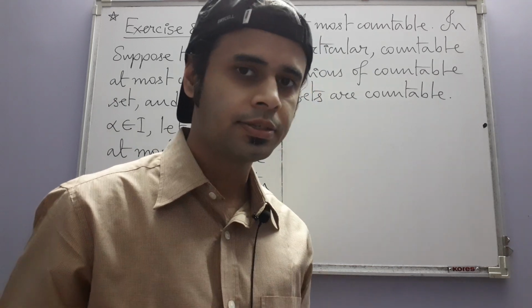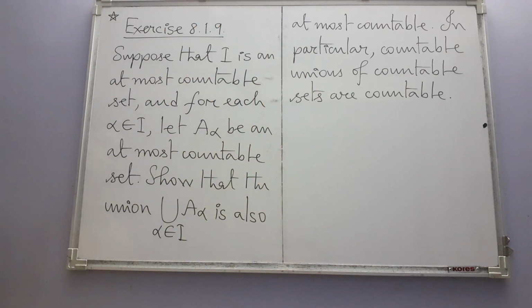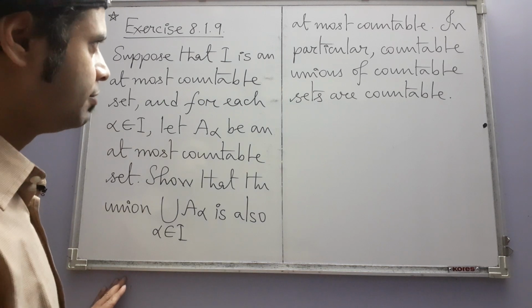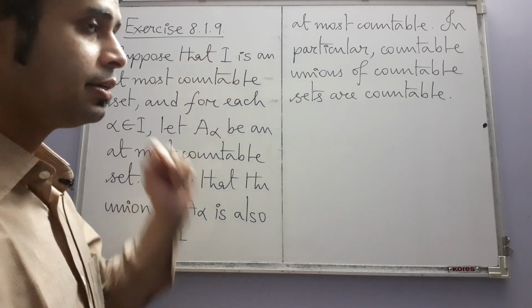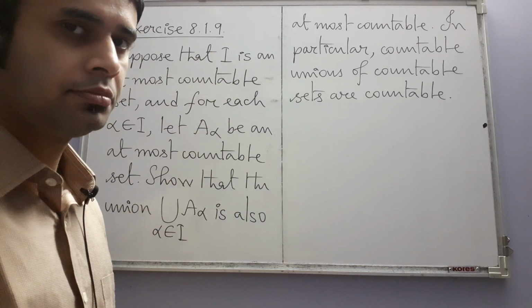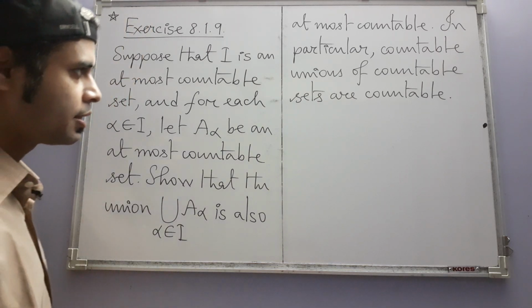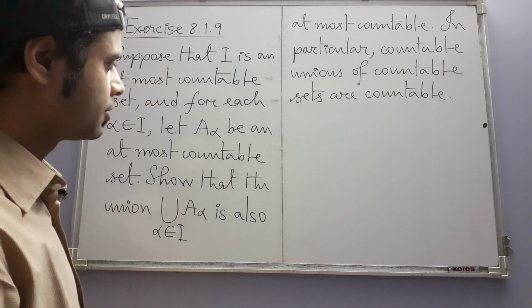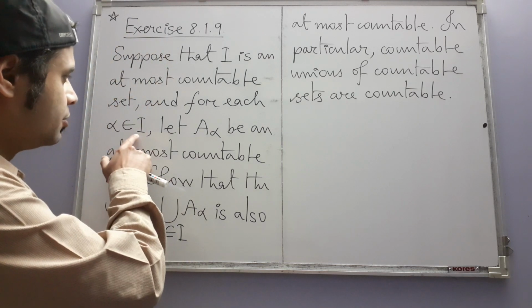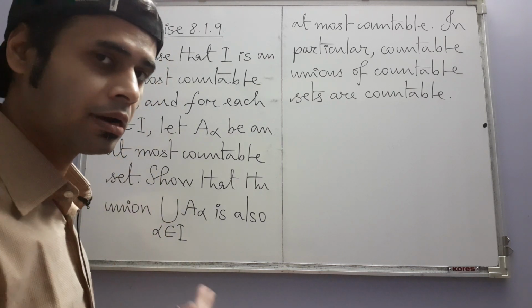Next, exercise 9. In this one, we are given an index set I, which is any set actually, and such a set is called an index set because its elements are used to label some other things.